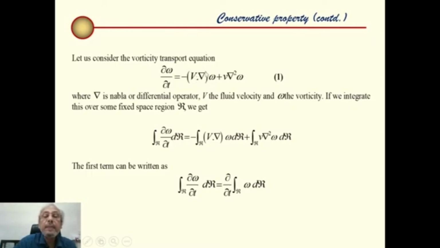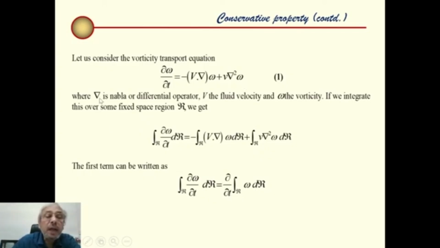So that means this operator is u del/del x, v del/del y, w del/del z. And it can be operated on velocity, temperature, or vorticity. So this is basically the convective term plus nu grad square omega, which is the diffusive term.